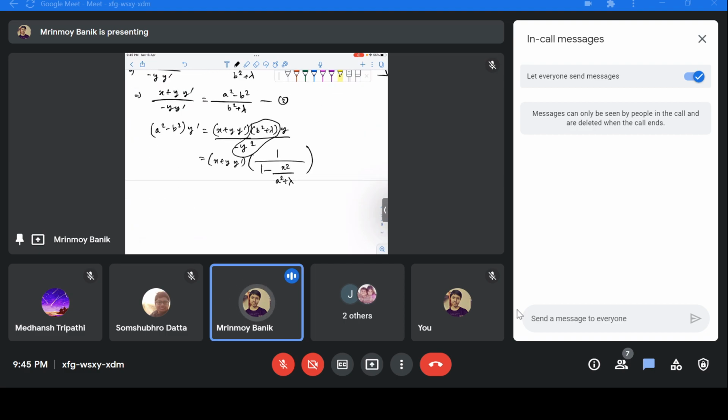This has to be equal to b squared plus lambda by minus y. So this is equal to x by y times y dashed minus y.